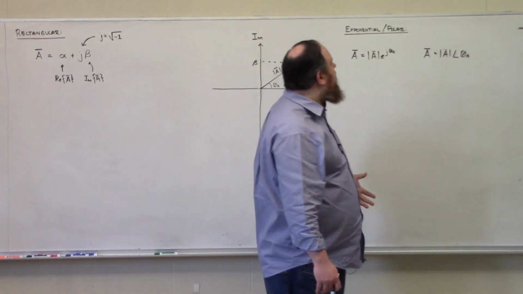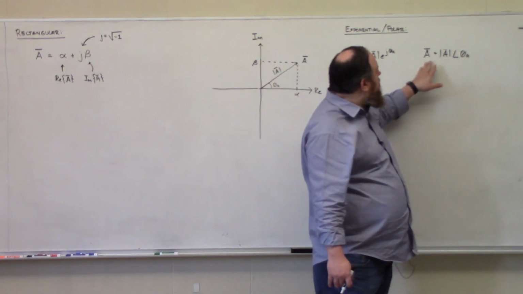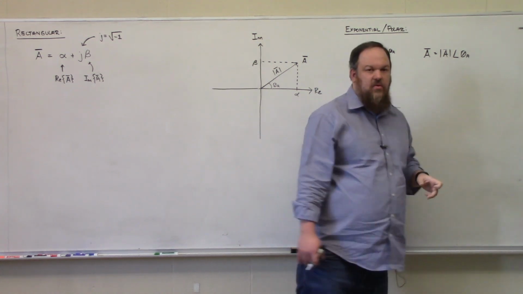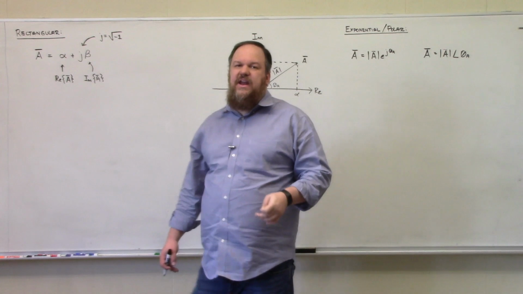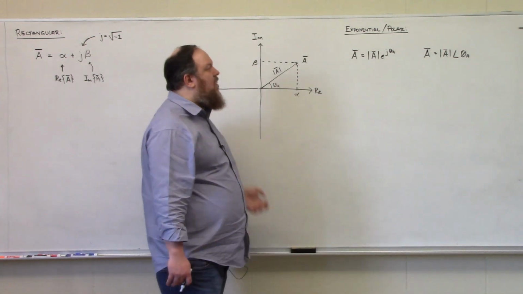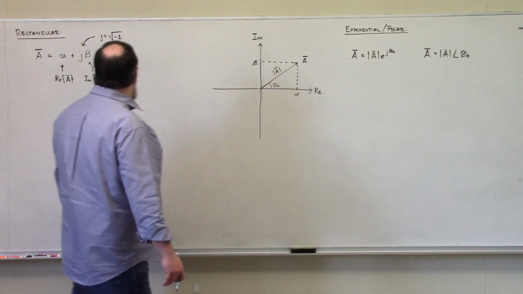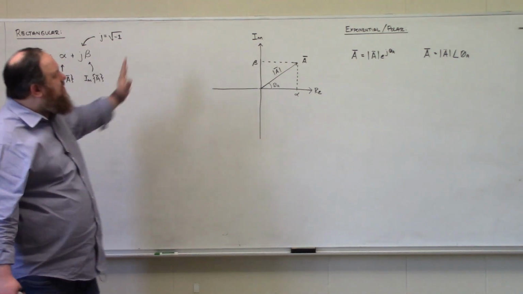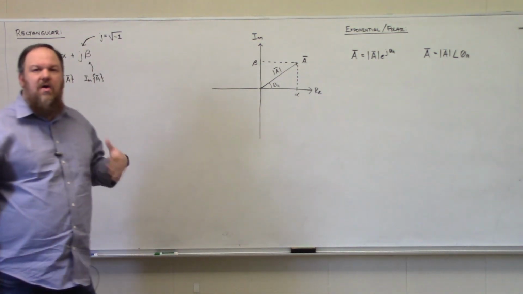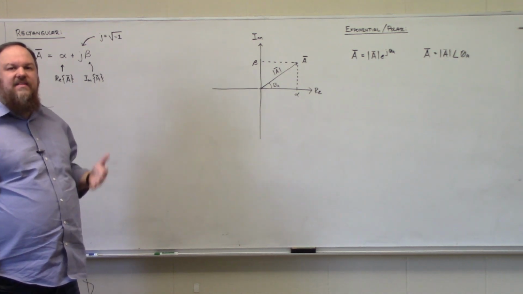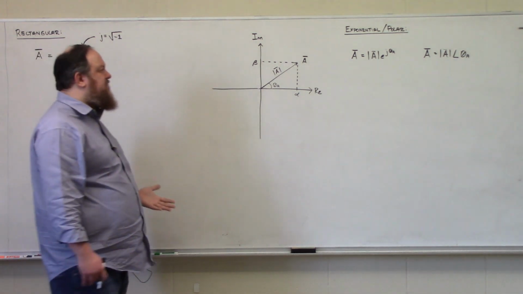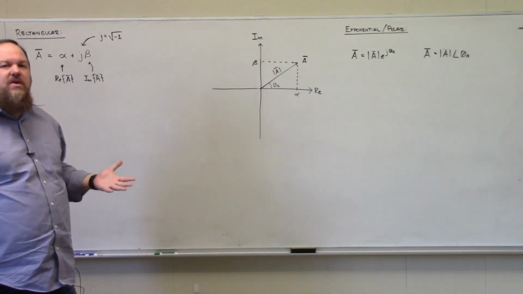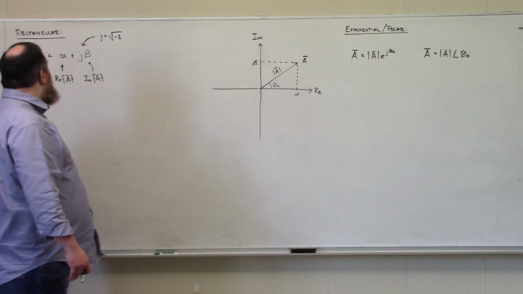Typically speaking, electrical engineers will be largely working in this polar form, but we will be using an exponential form on some occasions. So these two complex numbers, the rectangular form and the exponential and polar form, are identical. They are providing the exact same amount of information, just in different ways. So it might be useful if we were able to convert between the two.